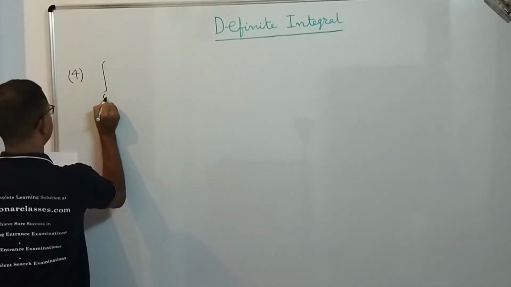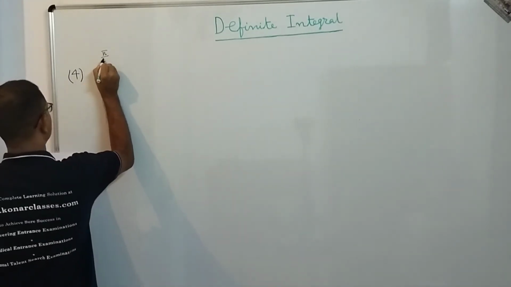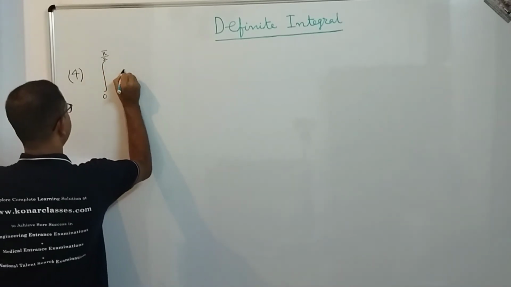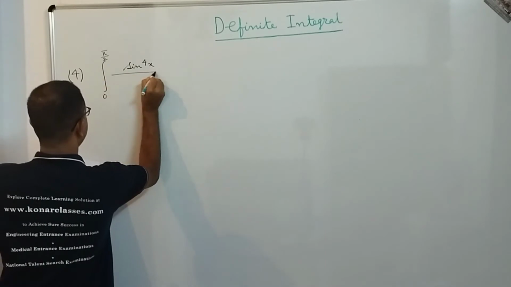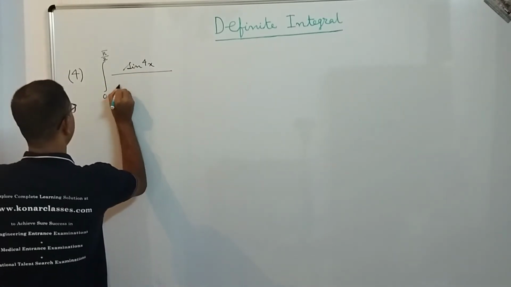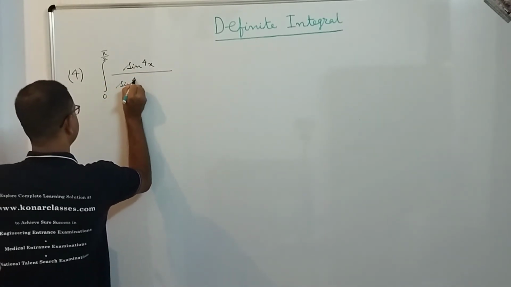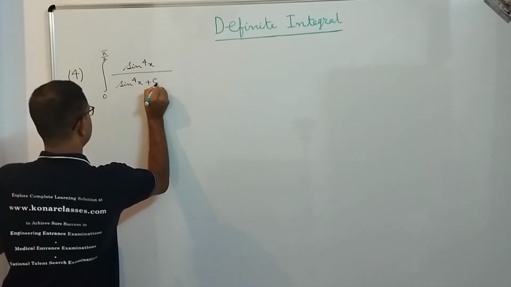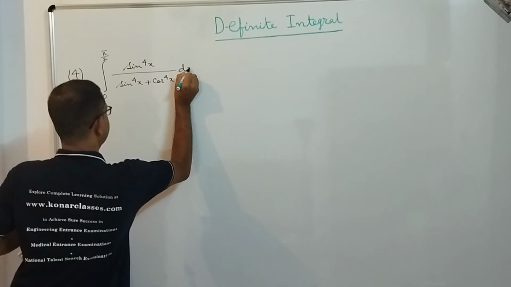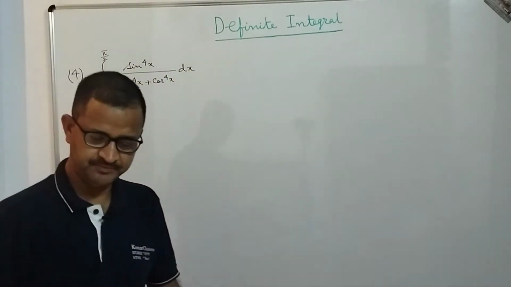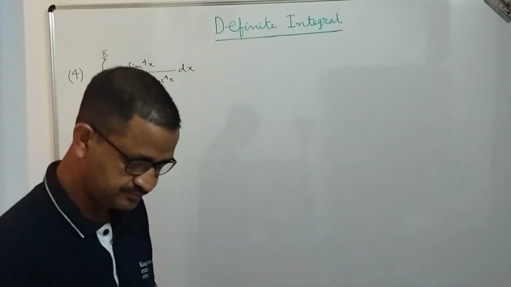Integration from 0 to pi by 2 of sine to the power 4x divided by sine to the power 4x plus cos to the power 4x dx. Okay, so let's work on it.